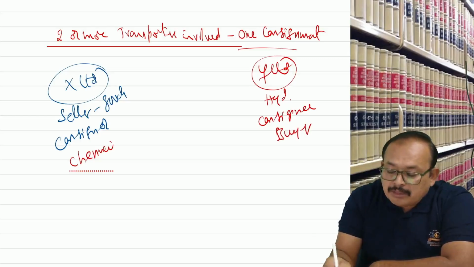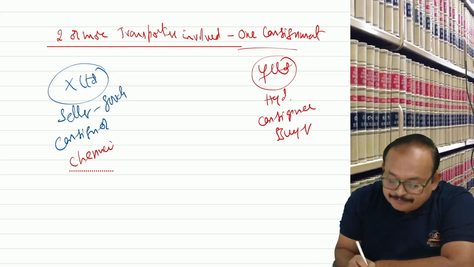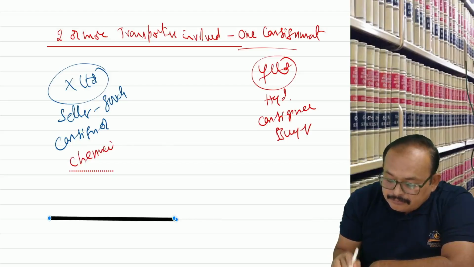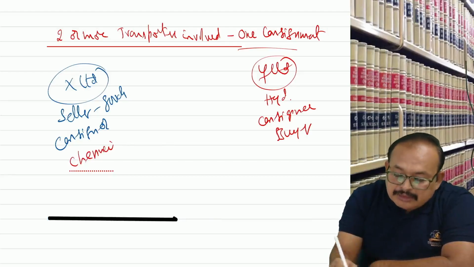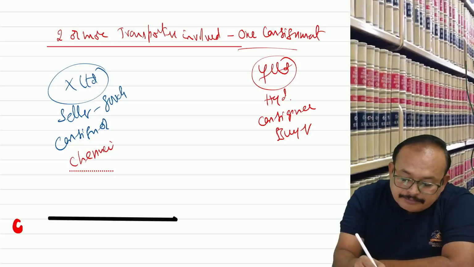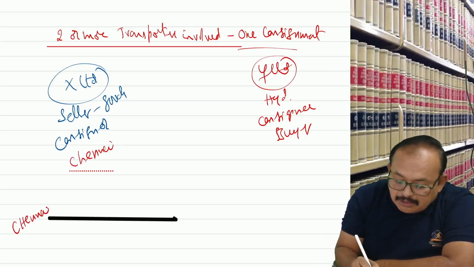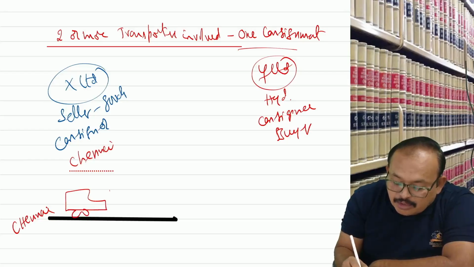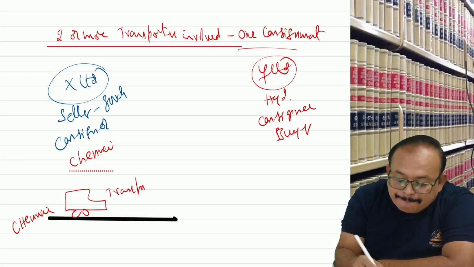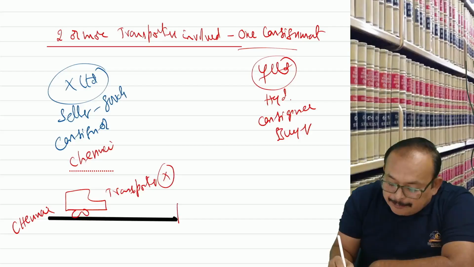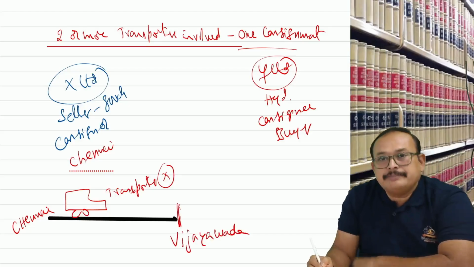The goods are moving from Chennai, the origin. Transporter X carries the goods up to Vijayawada.